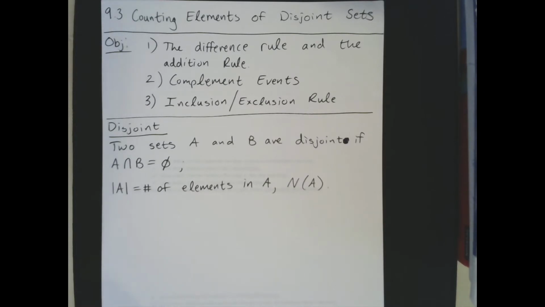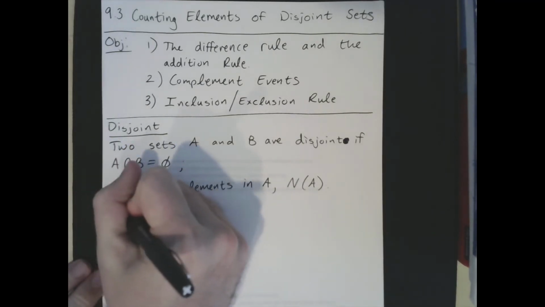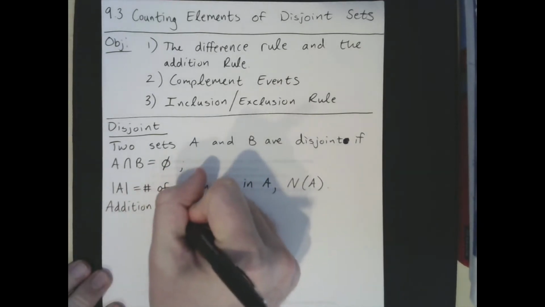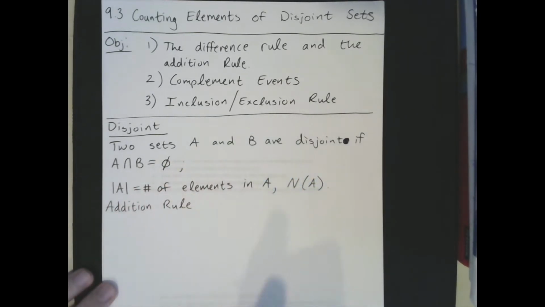So the reason we need disjoint is for our addition rule, sometimes called the subtraction rule or difference rule.